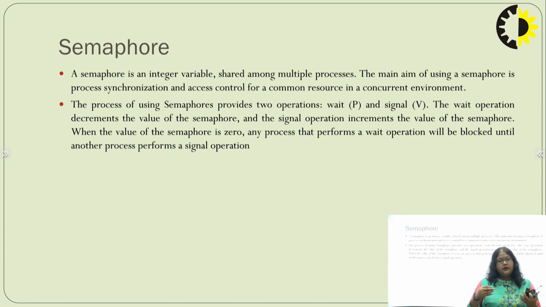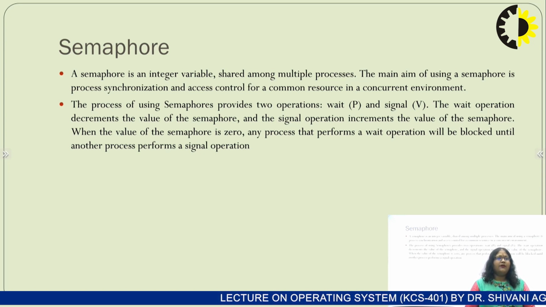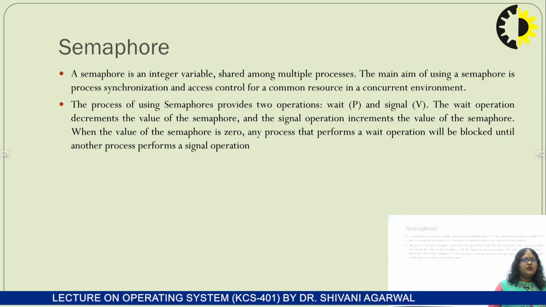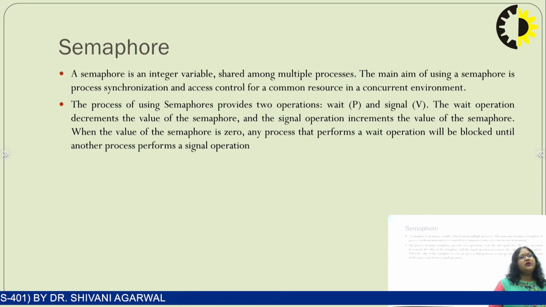It adapts various concepts of process synchronization like holding, waiting, and locking. These are the basic concepts of the semaphore, and it acts as control for a common resource. Because of the cooperative processes, this follows process synchronization.